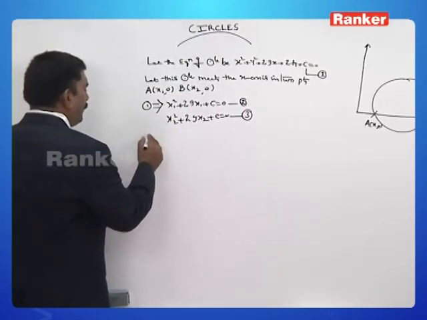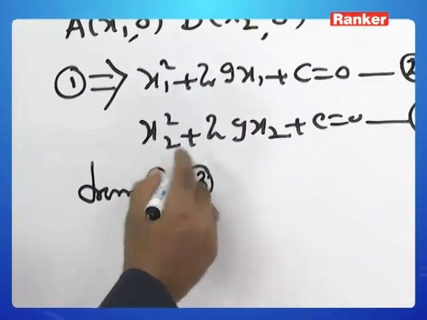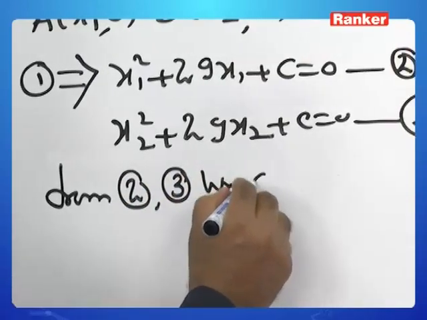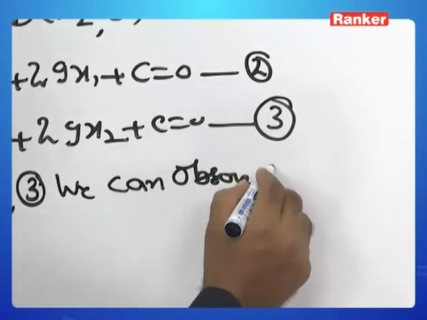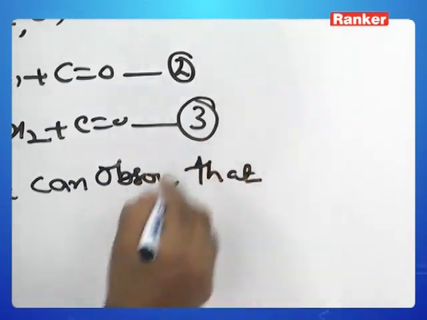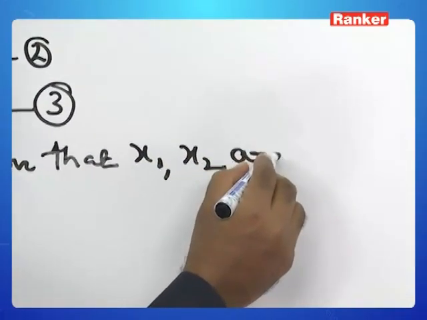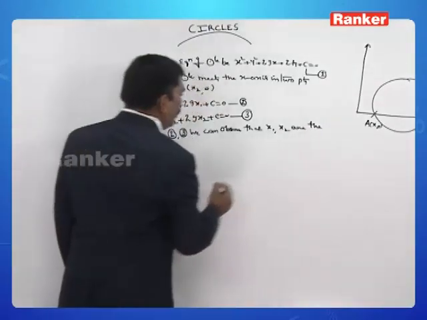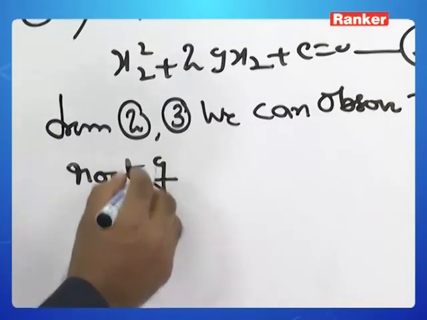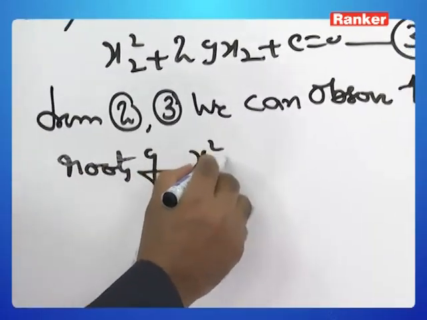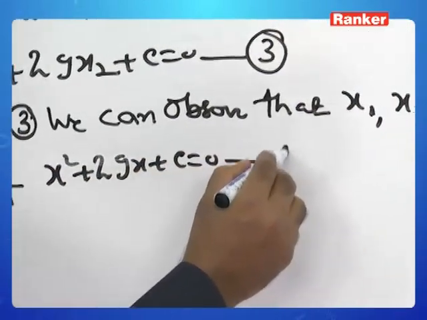So from 2 and 3, we can observe that x1, x2 are the roots of x square plus 2gx plus c is equal to 0. You call it as 4.